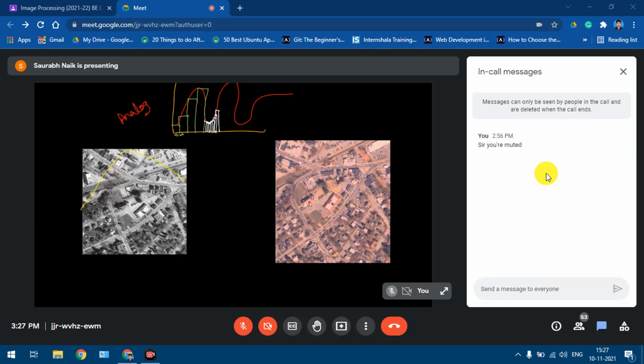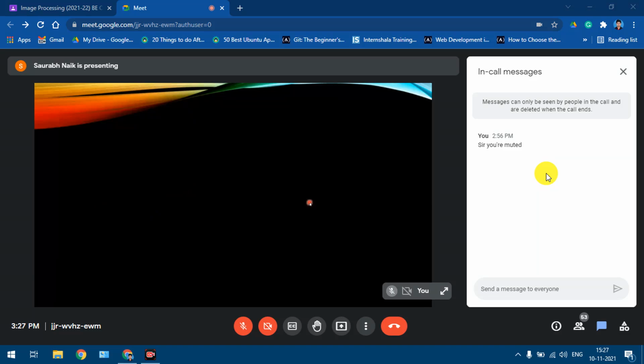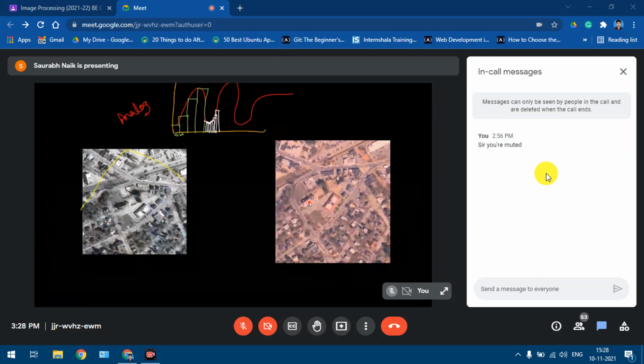So in such a case, we may not get an accurate image of the entire area as a flat surface. What we get is a slightly shifted version, wherein you would get something like this. So what we want to do is find out, in this particular image, how to remove the geometric errors. This is just one example.